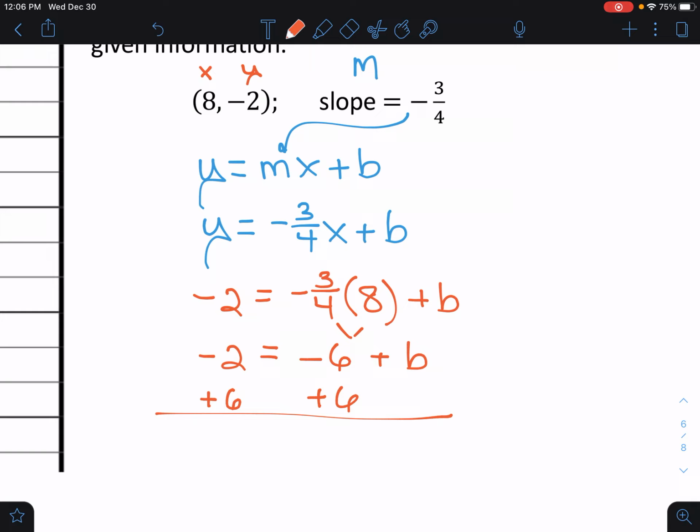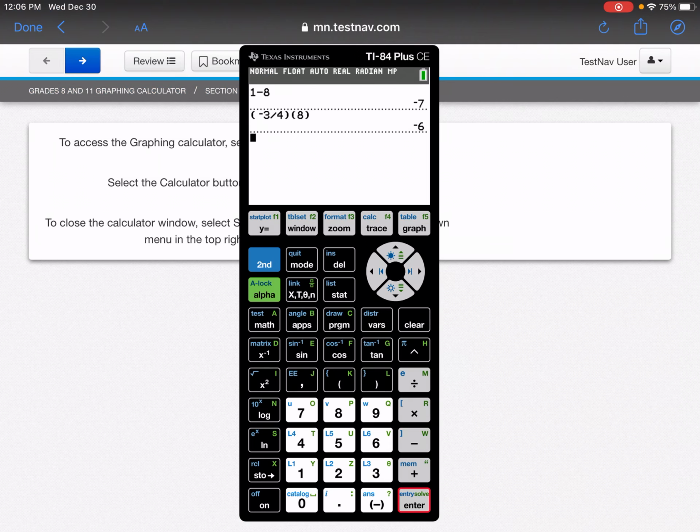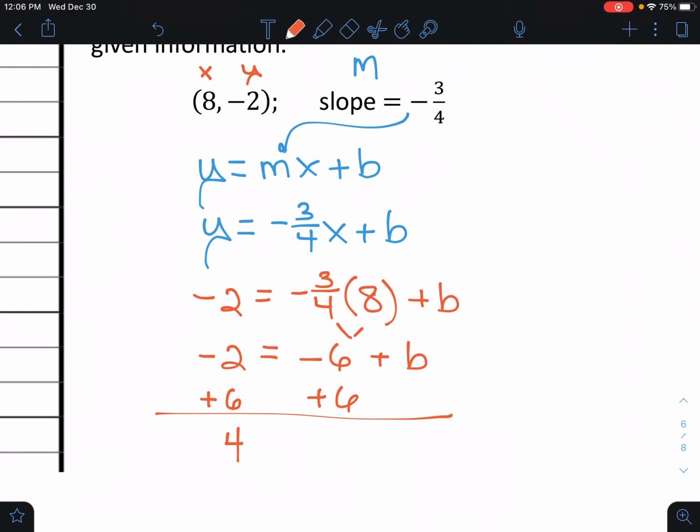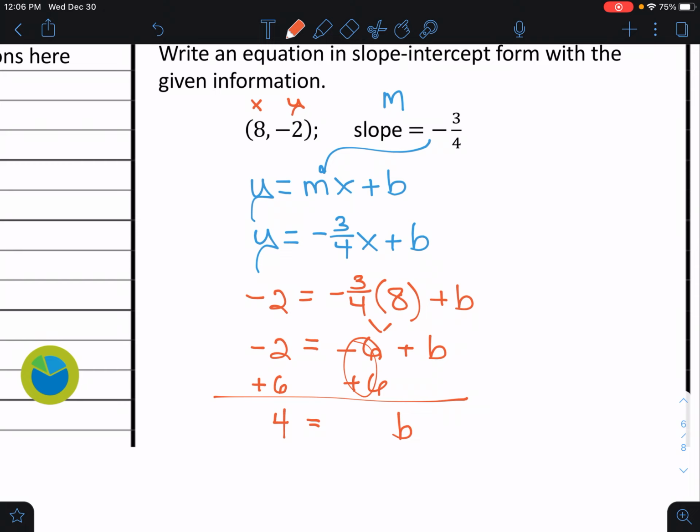Okay, so now here we go. -2 plus 6. Again, let's say you don't know what that is in your head. That's okay. -2 plus 6, you get 4. Okay, so I'm going to write 4. Equal sign comes down. These cancel out. B is equal to 4.